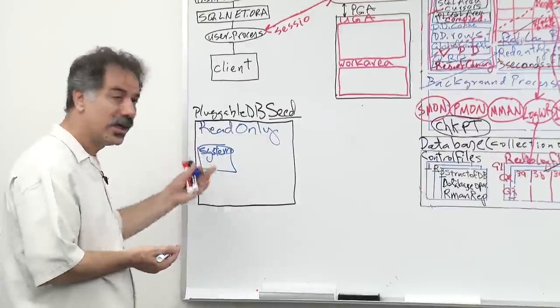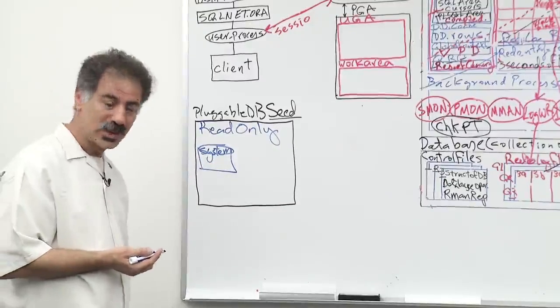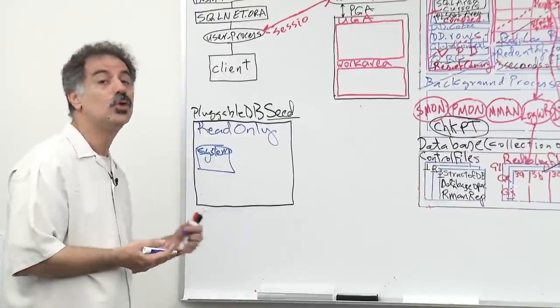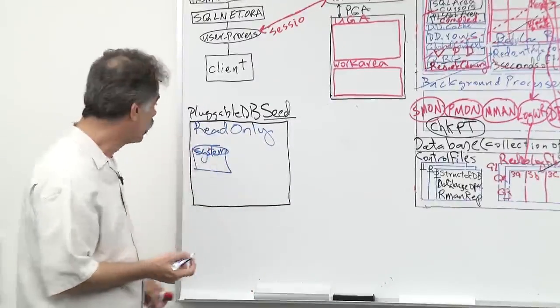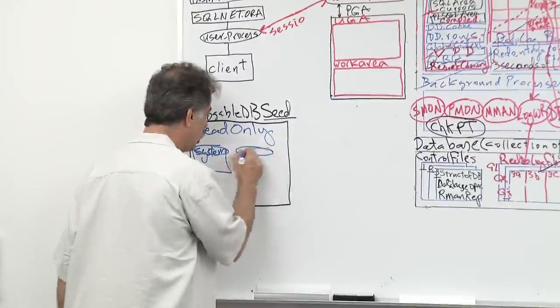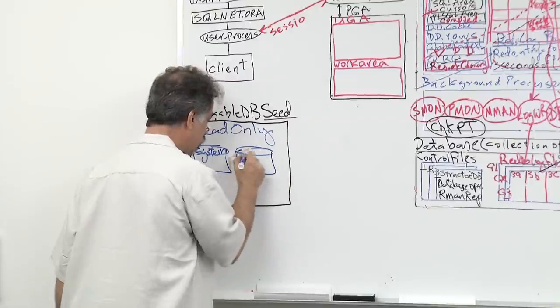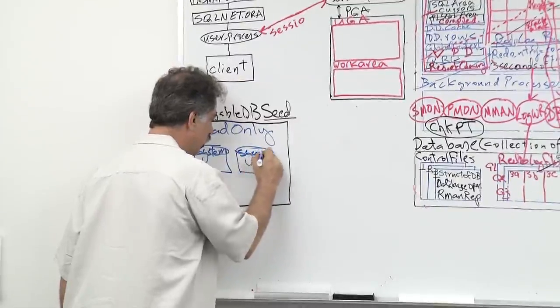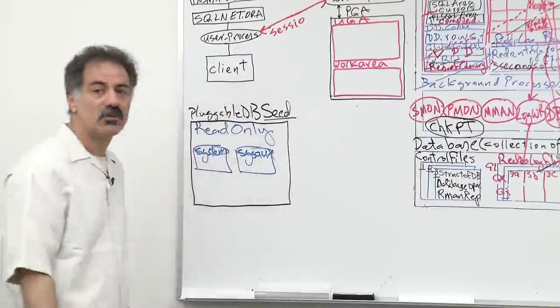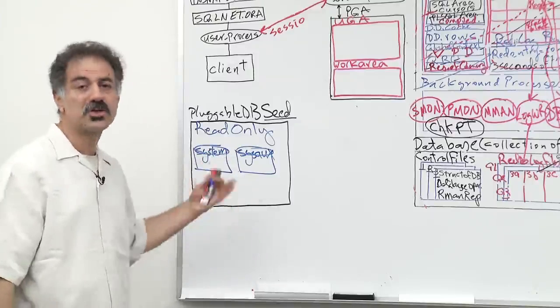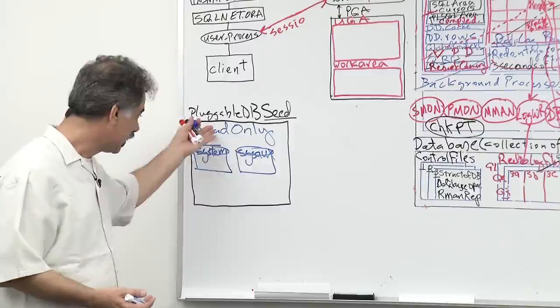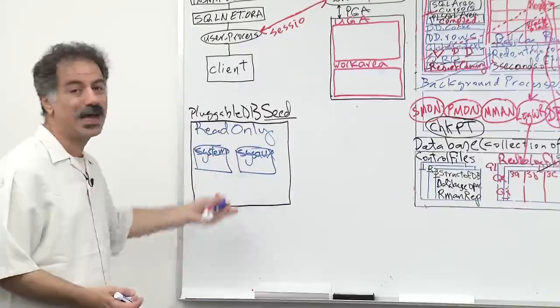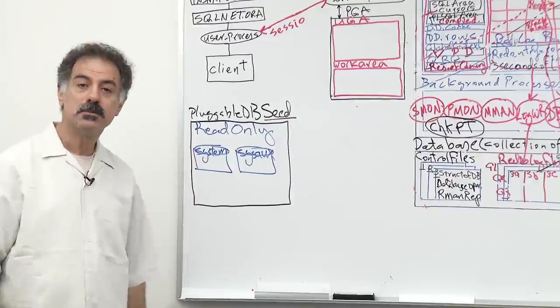Since the objects and the code used on the objects can only be seen within this pluggable database, the pluggable database also has its own sysaux. That's the system auxiliary, where we store all of the historic SQL and all of the historic executions that are associated only to the data within the pluggable database.